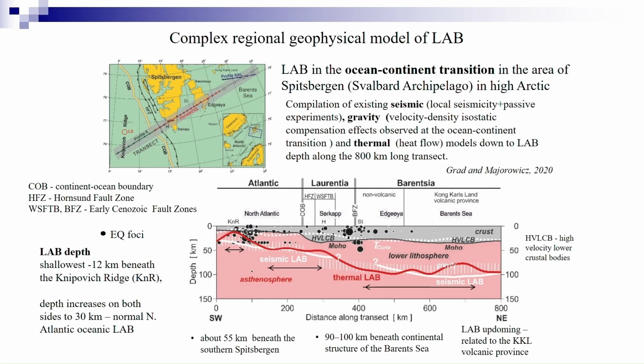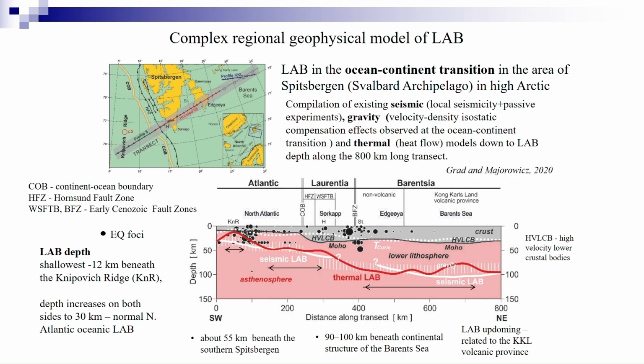This slide shows variation of the LAB in the ocean-continent transition in the area of Spitsbergen, Svalbard archipelago in the high Arctic, derived from a compilation of existing seismic, gravity, and thermal models. The 800 km long transect shows the shallowest LAB at 12 km beneath the ridge in the southwest.